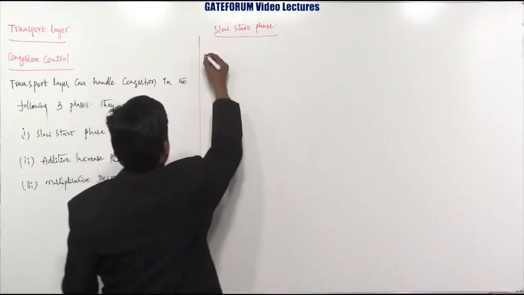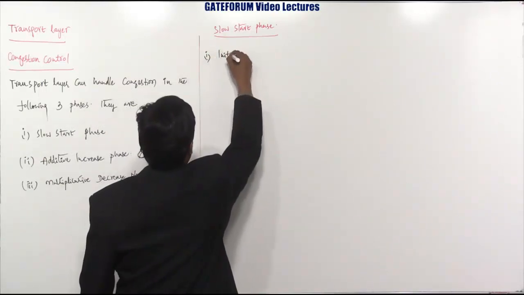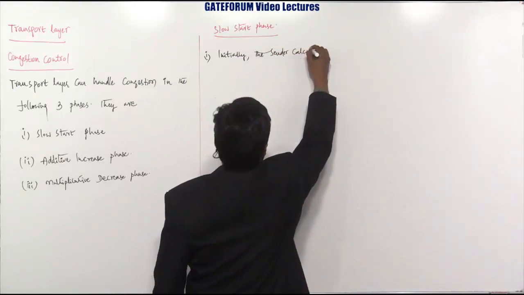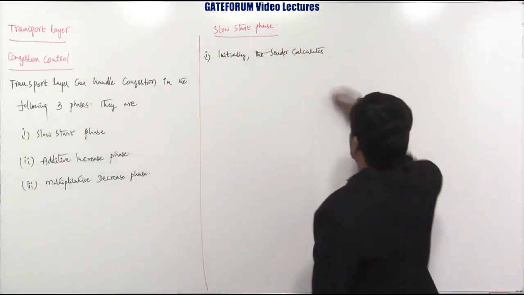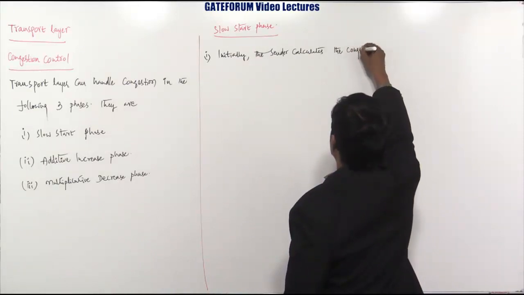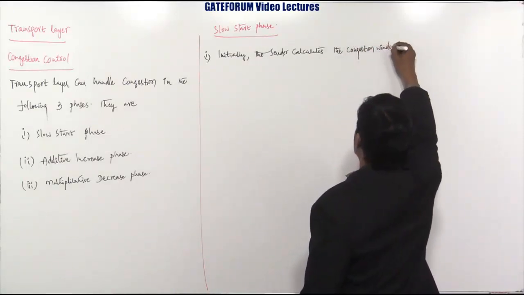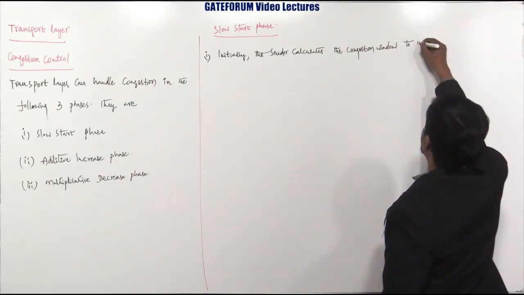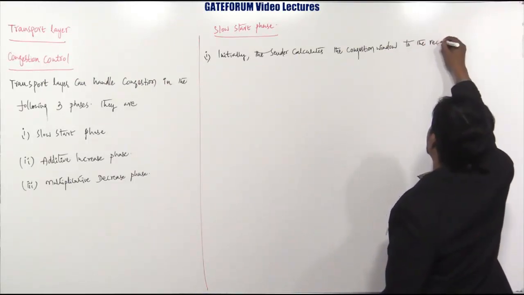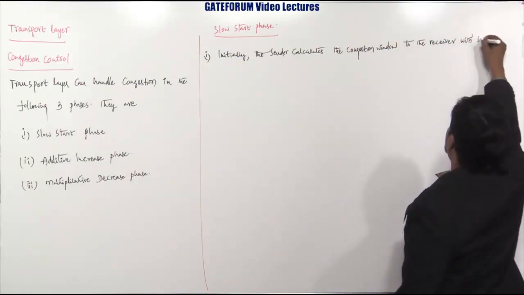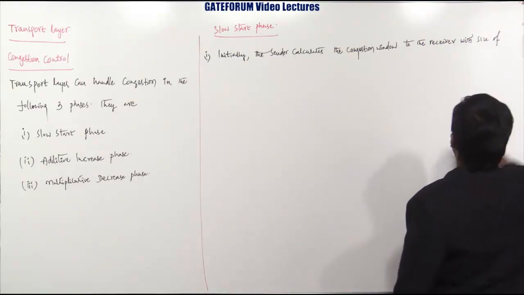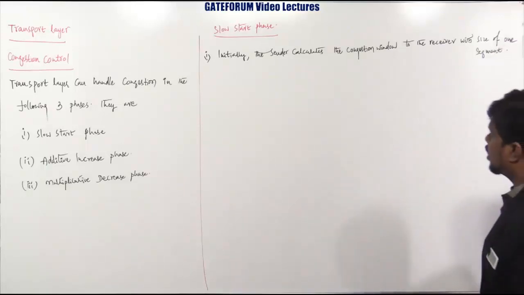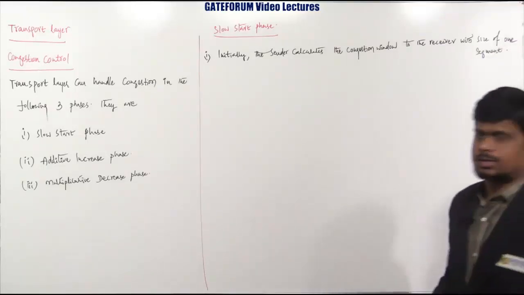The point we can write here is, initially the sender calculates the congestion window to the receiver with the size of one segment.